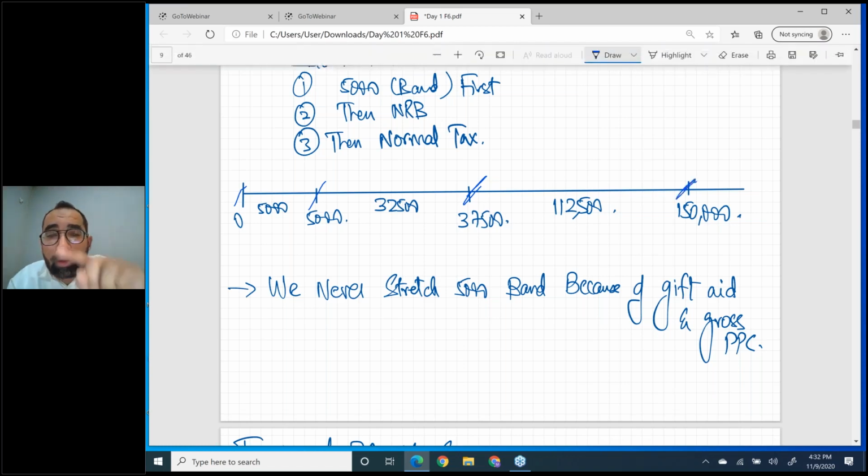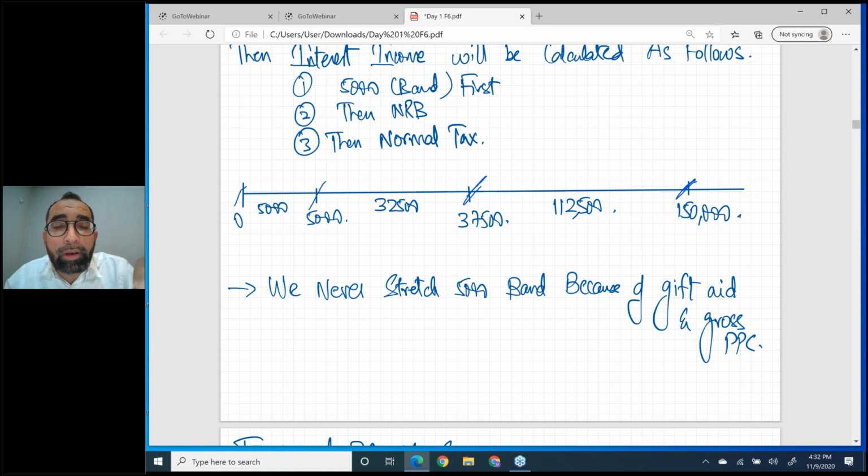In this way you will plot your bands, right? And this case will only be applied when your non-saving income column final answer is less than 5,000. In that case this band computation will be done for interest. Okay, right?